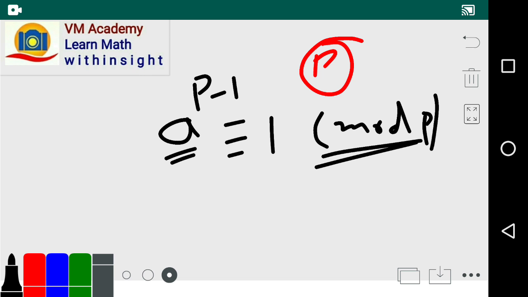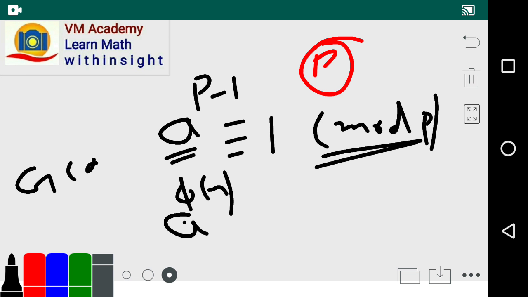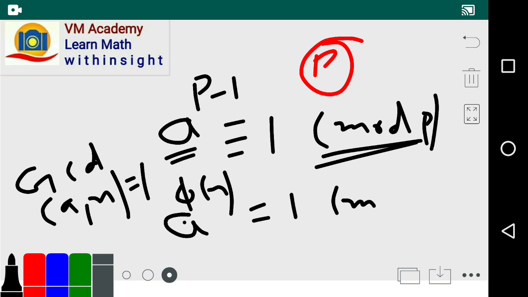And also according to the Euler-Fermat theorem, integer a raised to phi of n, where GCD of a and n is 1, is equal to 1 modulo n.